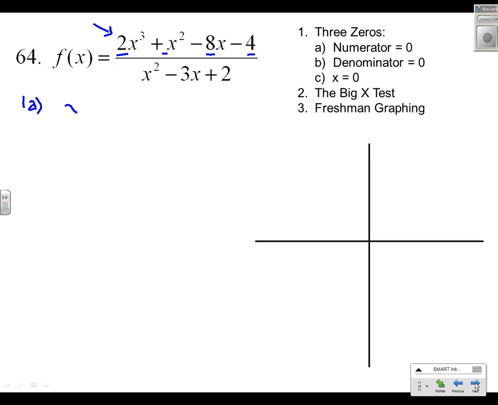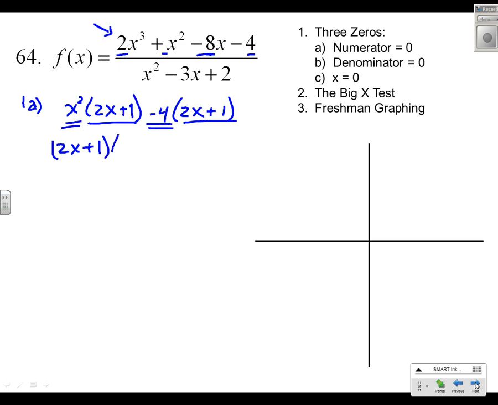I'm going to factor out an x squared, 2x plus 1, and if it factors by grouping, I'm going to be able to get another 2x plus 1. I can if I factor out negative 4, which means I can pull out a 2x plus 1. I'm left with an x squared minus 4. Oh, that factors. X plus 2, x minus 2.